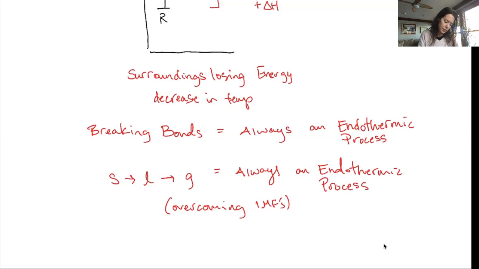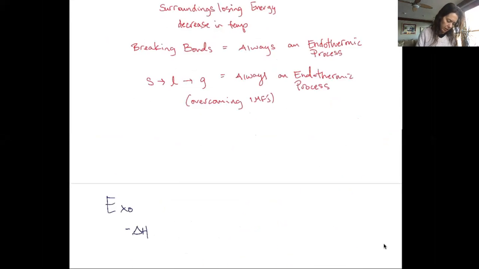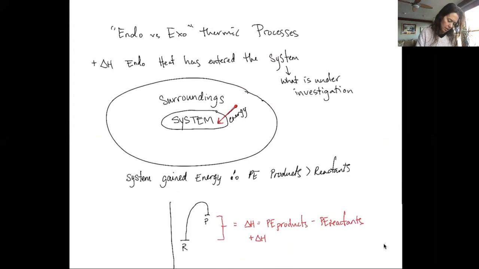So we could also have our exothermic. We would have a negative delta H. I like to keep things synonymous.